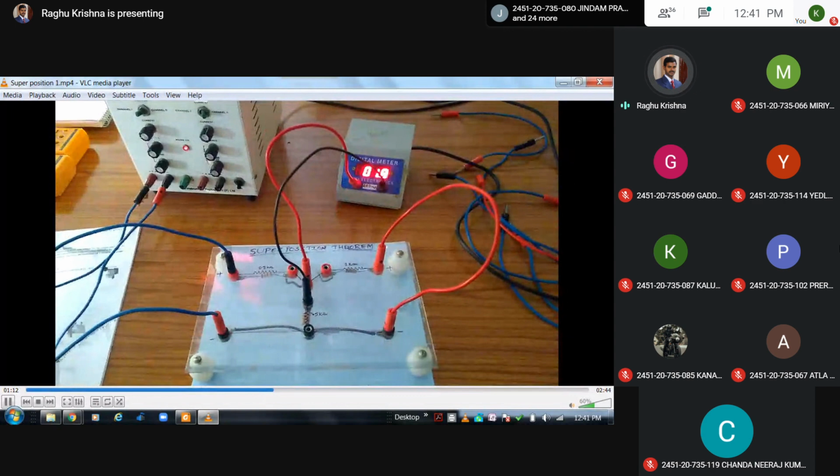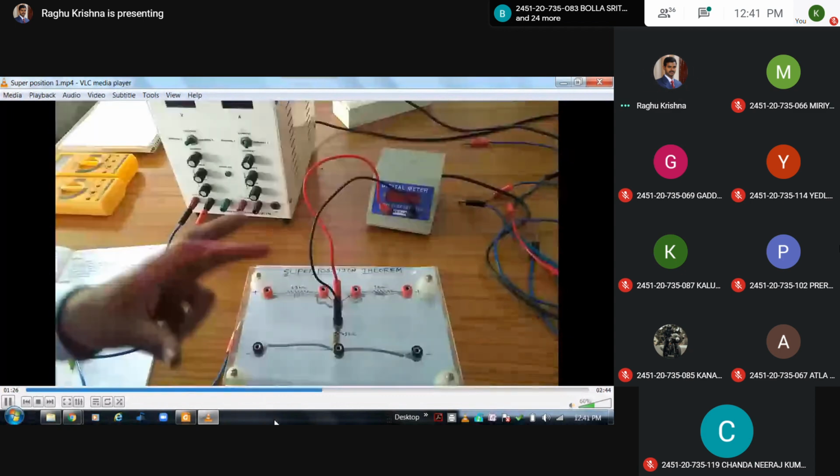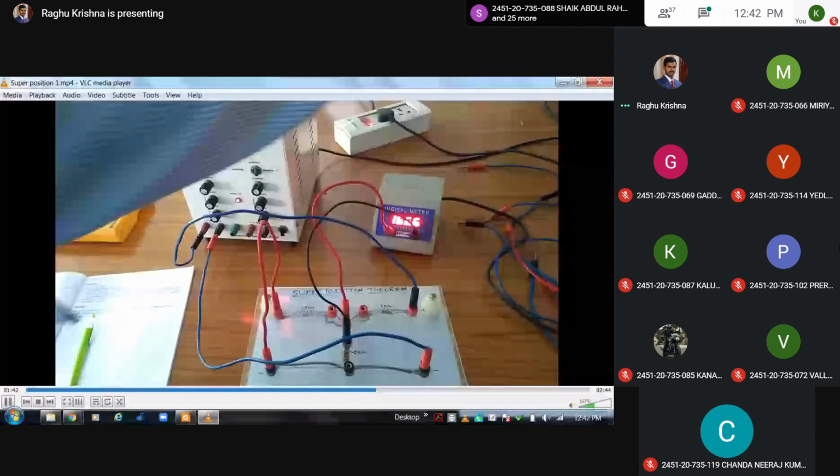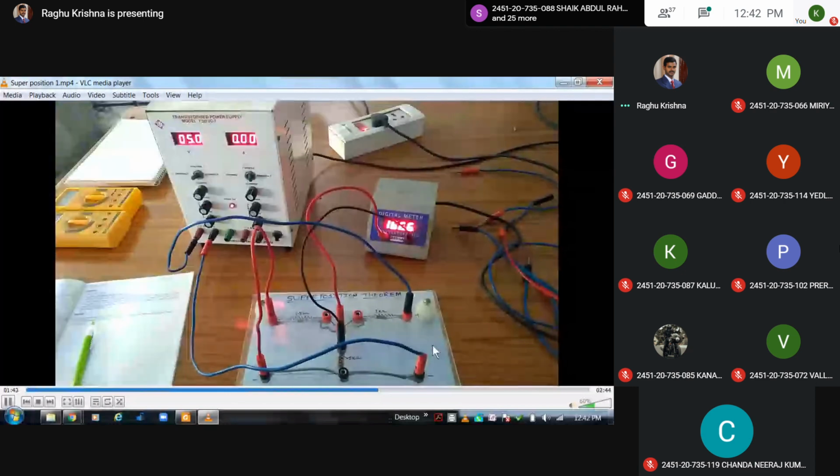Next, I am making V1 as 0 by replacing the voltage source by a short circuit, and I am applying the voltage V2. Now here I am getting the reading.